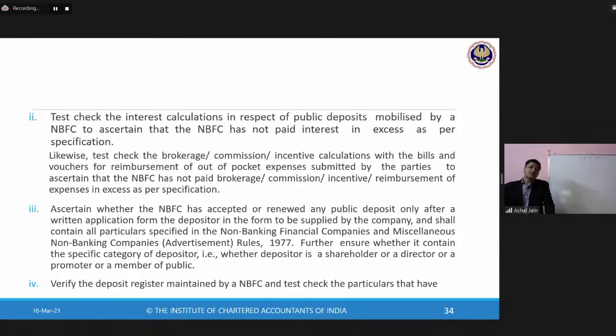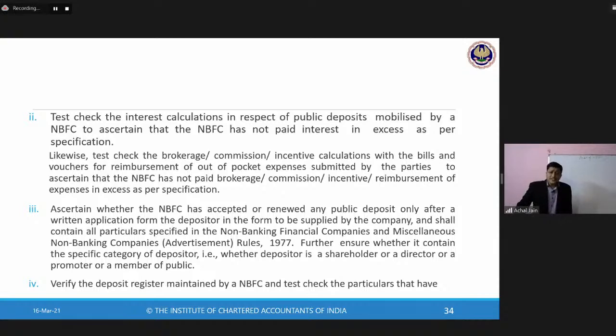There are so many rules and regulations, whether it is about registration, categorization on the basis of the kind of activity they do, on the basis of the size they have, the asset categories, the provisioning requirements, or the income recognition criteria which the NBFC will have to fulfill.